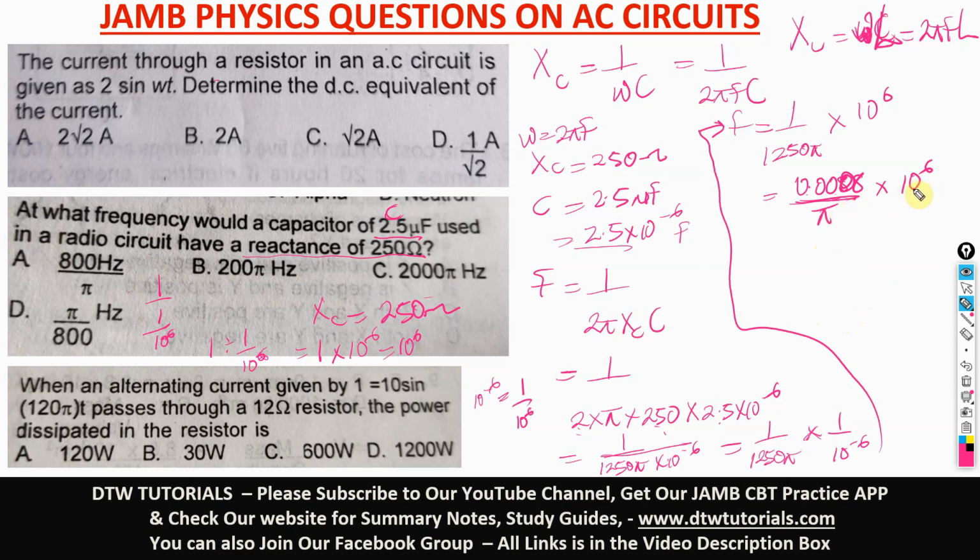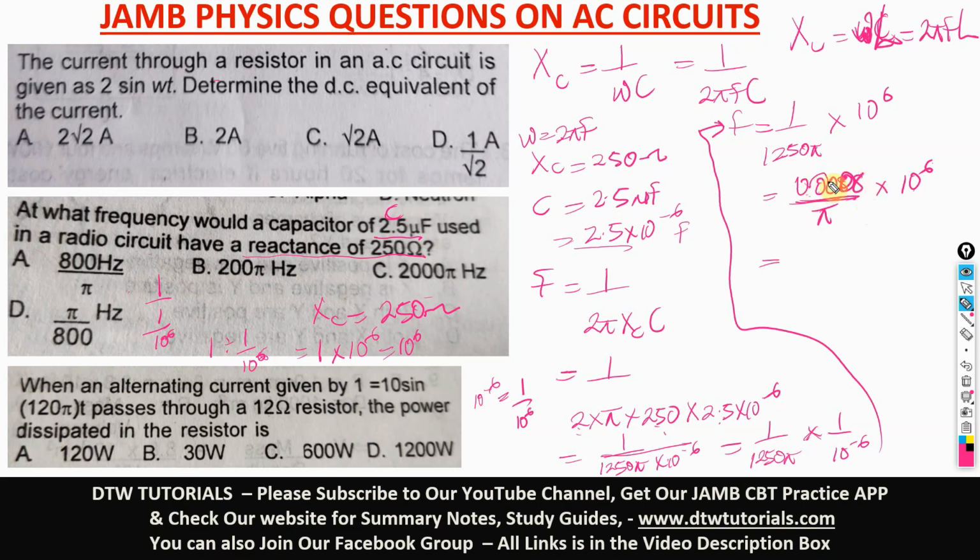So from here, this is 10 raised to the power 6, and this is in standard form. If you want to convert this quickly to scientific notation, you take your decimal point from the left to the right, which means the power will be negative.